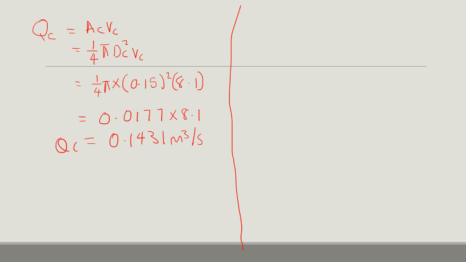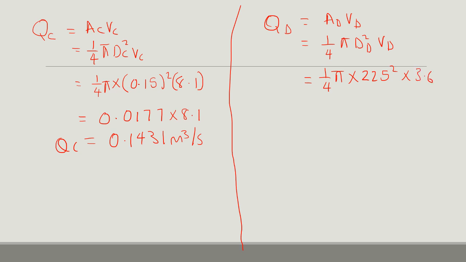So that is the value of QC, and now QD is equal to ADVD, which is equal to 1 over 4 pi dD squared VD, and that is 1 over 4 pi times, we know dD from our question to be 225 square, times we know VD to be 3.6. Oh, did I use 225?